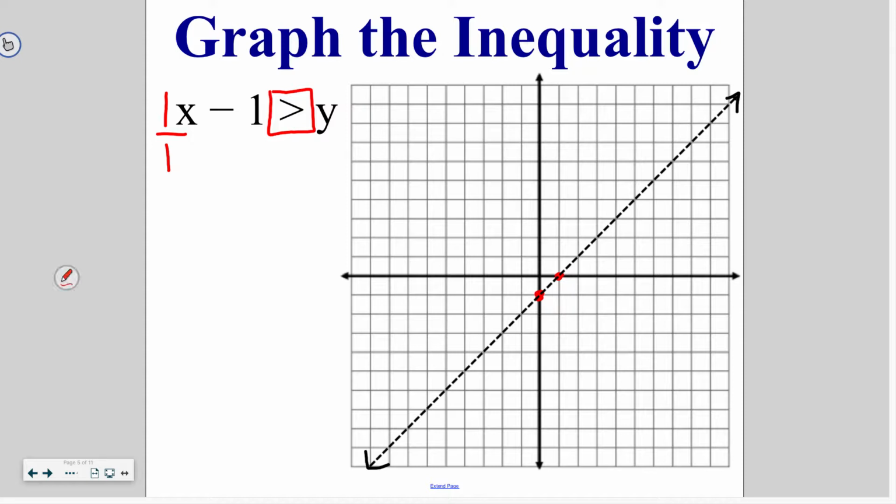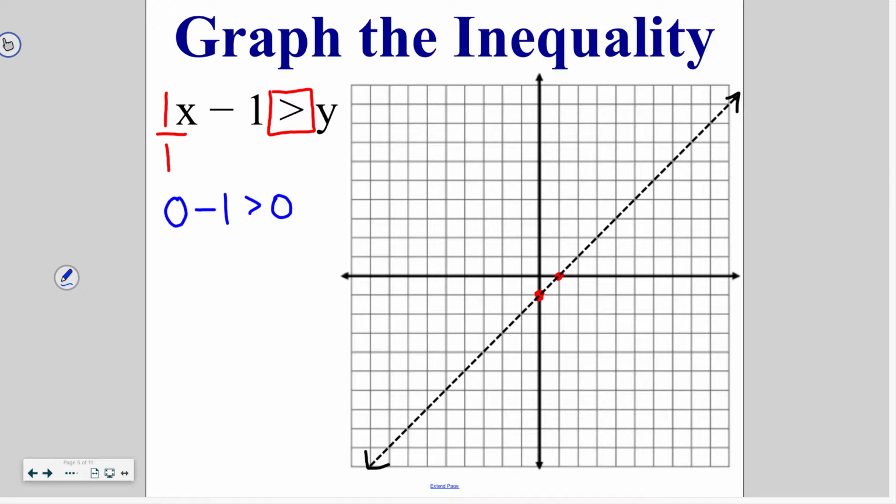The next part that we have to worry about is deciding which side to shade. So as I said before, you're going to want to use (0, 0) as a test point because the line is not touching (0, 0). So that means we're going to plug in 0 for x and 0 for y, and then see if this is a true or false statement.